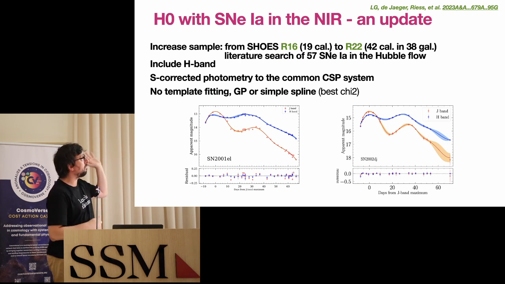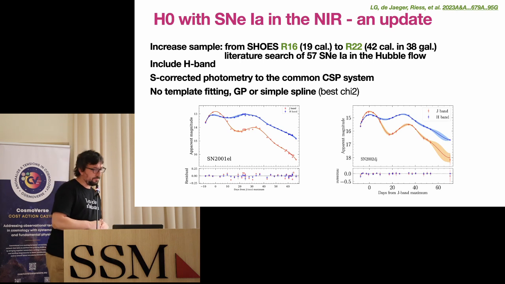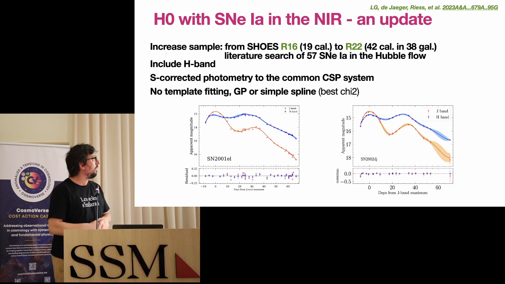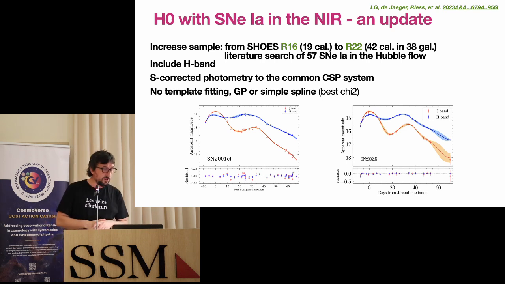We went from our initial sample of 19 to 42 calibrators, and we also searched the literature for Hubble flow supernovae at high redshifts, of course. We also include H-band. That previous work was only in J-band.